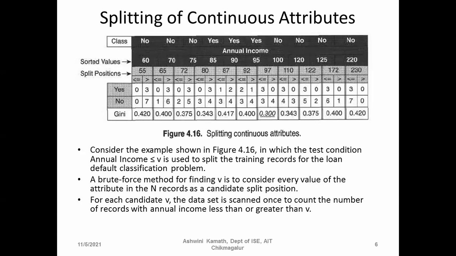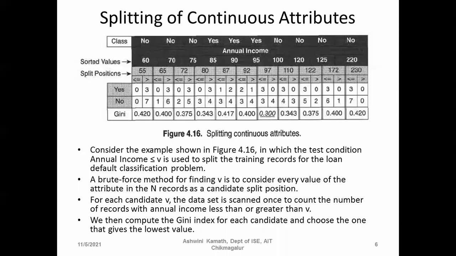For each candidate B, the data set is scanned once to count the number of records with annual income less than or greater than B. We then compute the Gini index for each candidate and choose the one that gives the lowest value.